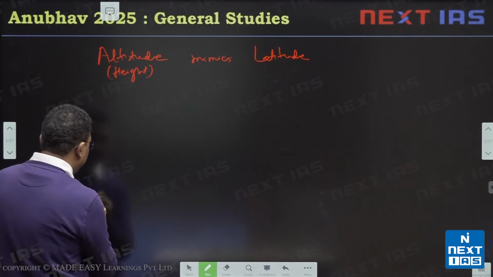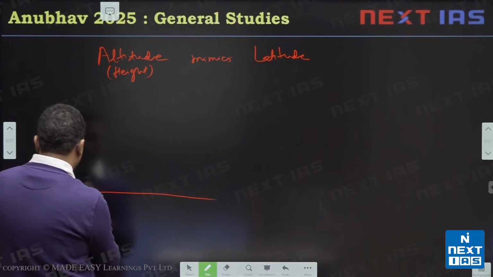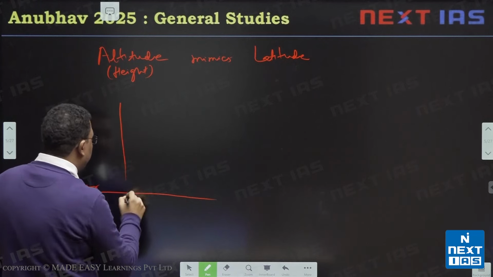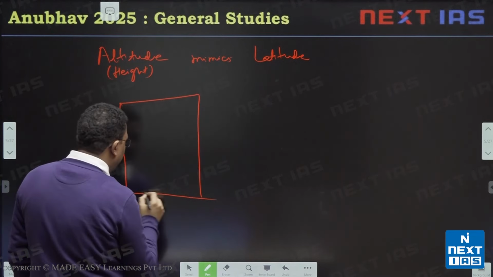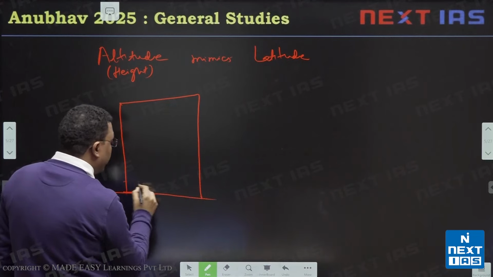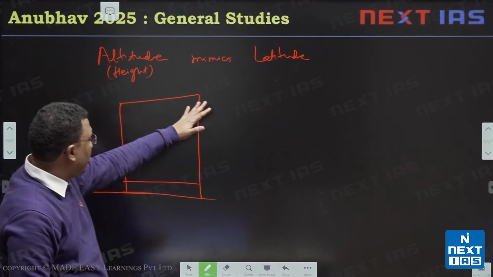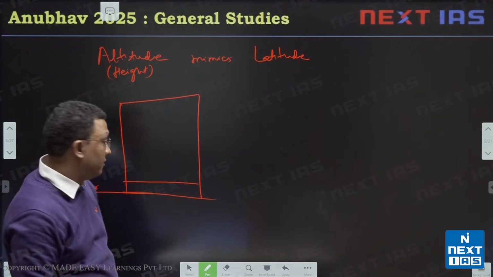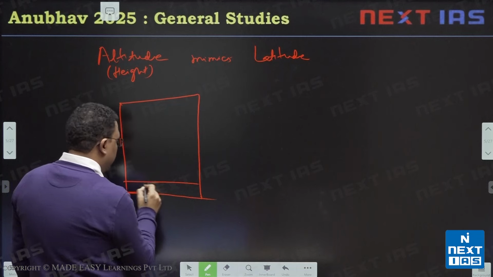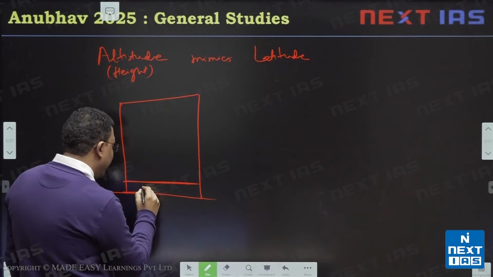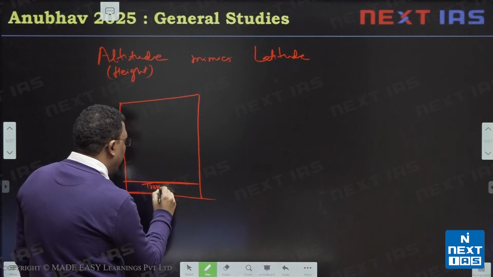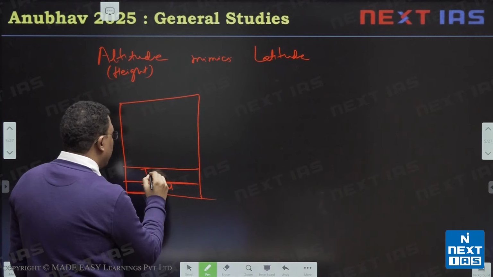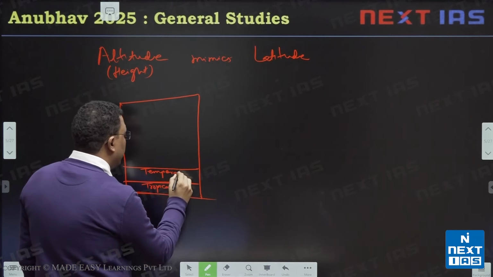So let's say this is our equator and this is a landmass. So near the equator on the landmass, for now we are talking horizontal distribution, we are not talking about mountains. We will understand that further. So if we see near the equator, the type of vegetation will be tropical. Then the next band will be that of temperate.